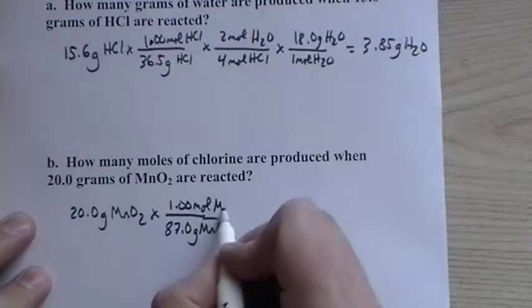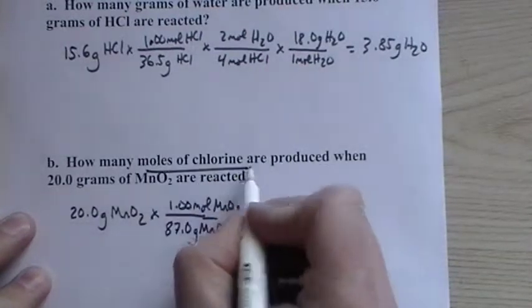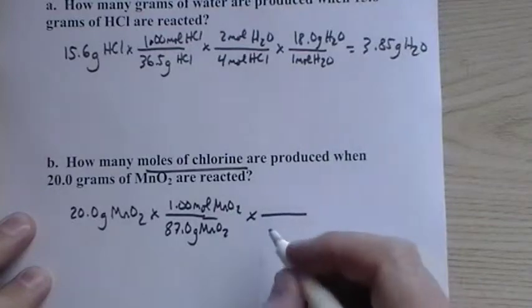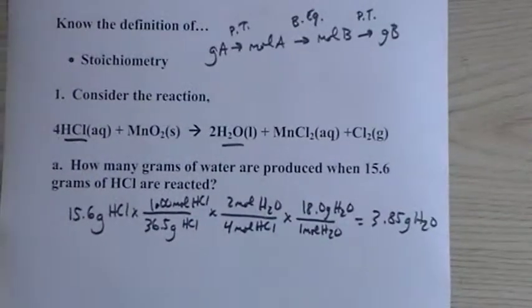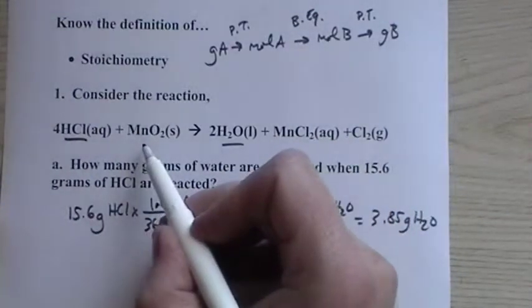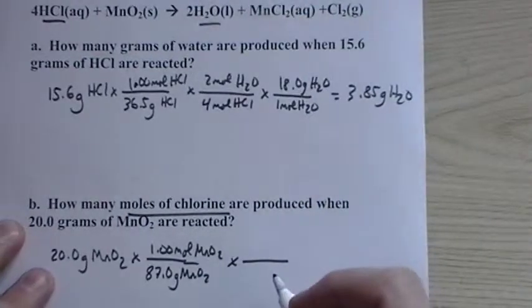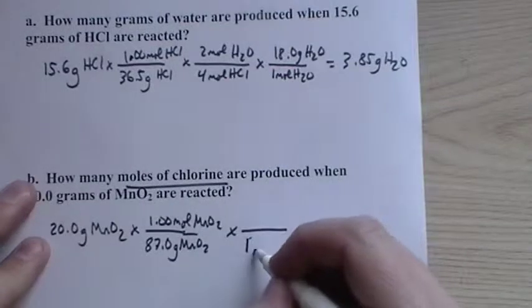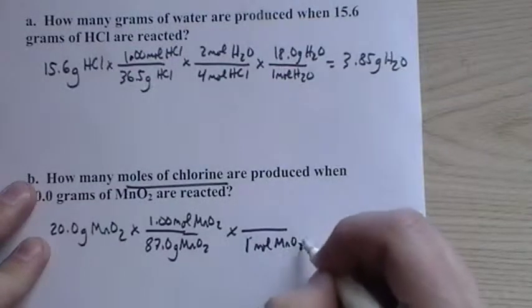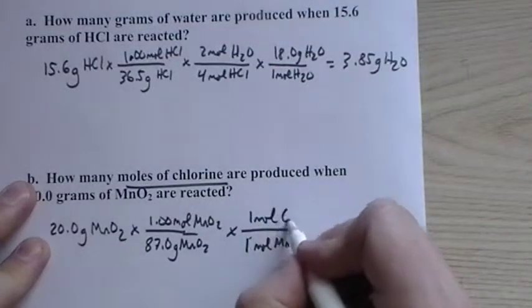So convert to moles. Now they want to know moles of chlorine, so always check and see what they're after. And if you look at the equation, 1 mole of MnO2 produces 1 mole of chlorine, and that's all that they want.